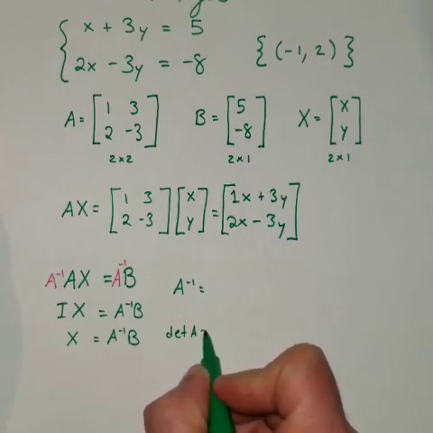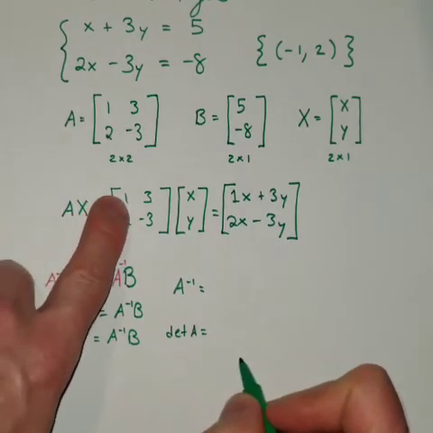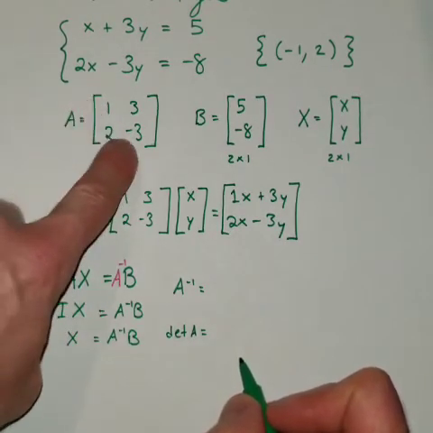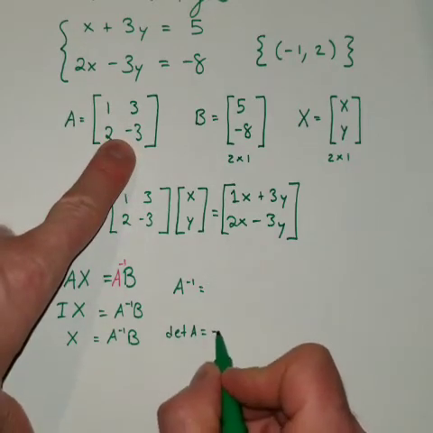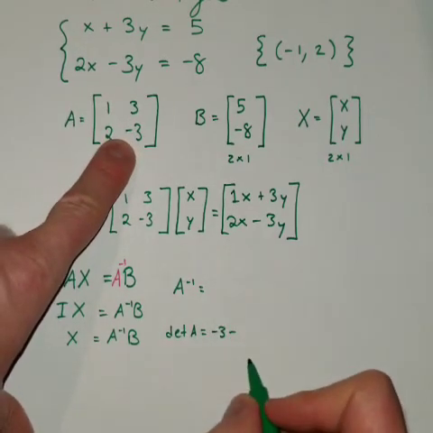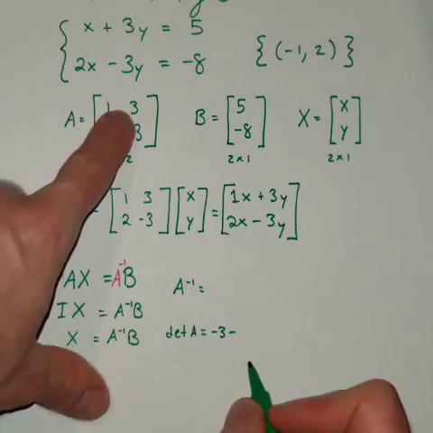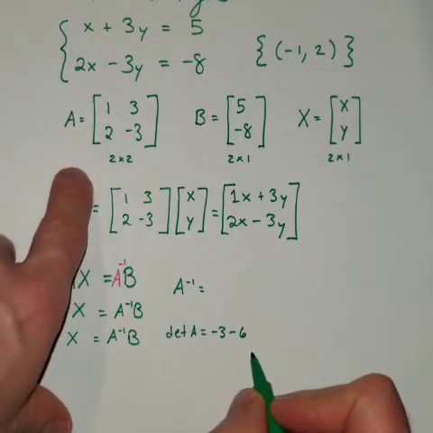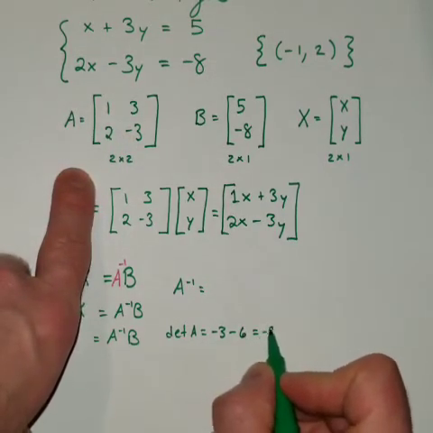Determinant of A is, go to this matrix, this one here. 1 times -3 is -3. And then subtract the other diagonal. 2 times 3 is 6. And that combination is -9.